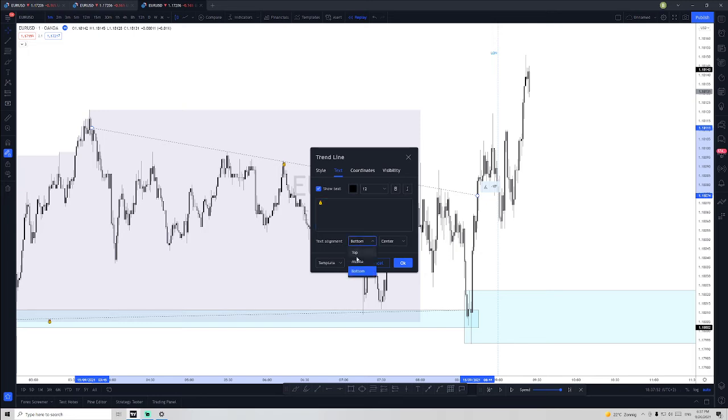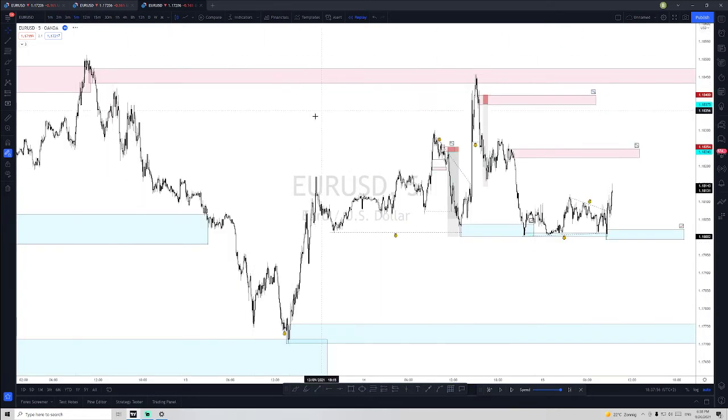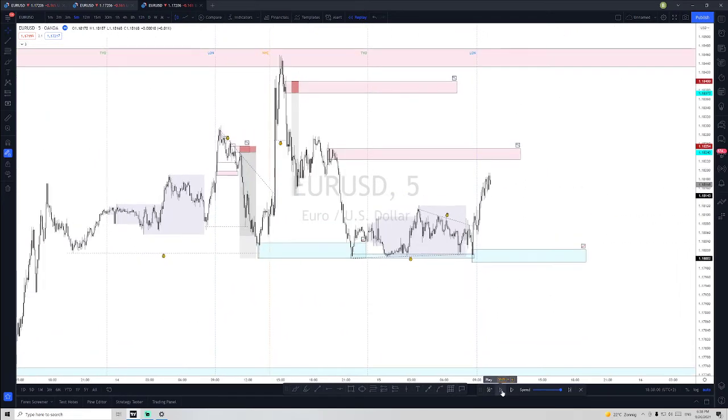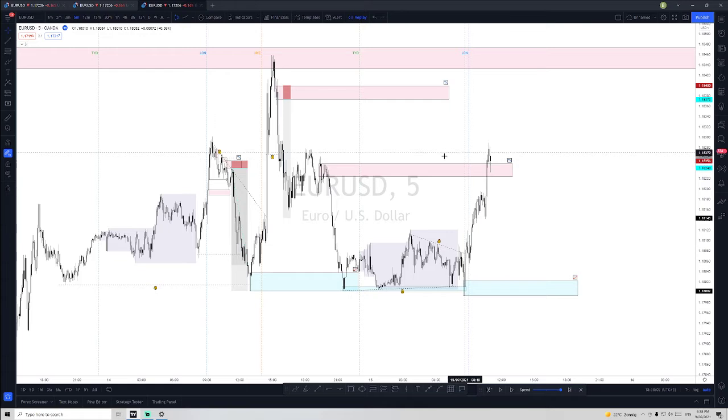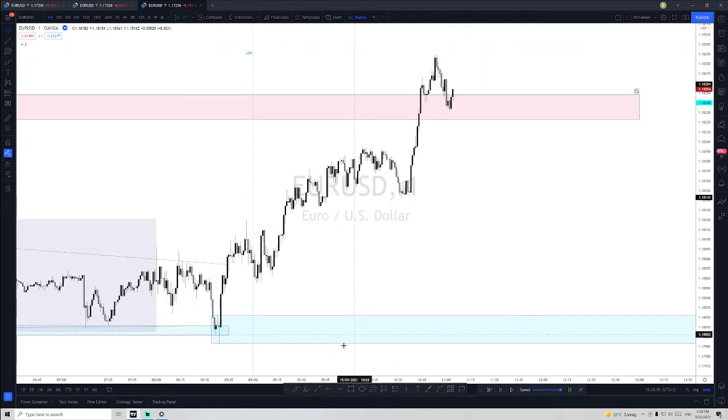Let's see, settings, top. Perfect. So waiting for the 5 minute. Speed things up. All right, at this point, demand just got violated. This is why we wait.